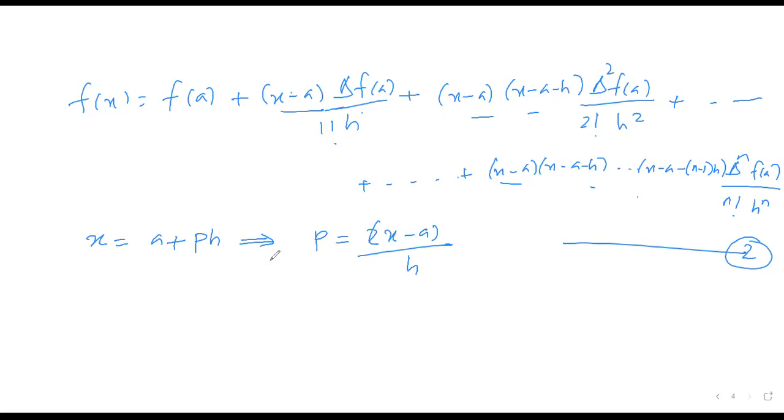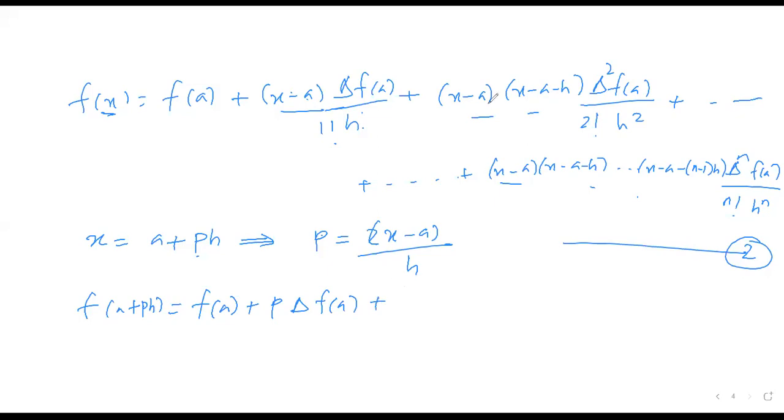If you substitute for the x value, you have to put f of a plus ph. What about fa? Fa itself. For x minus a divided by h, you can put p. So p times, we are making this equation simpler.